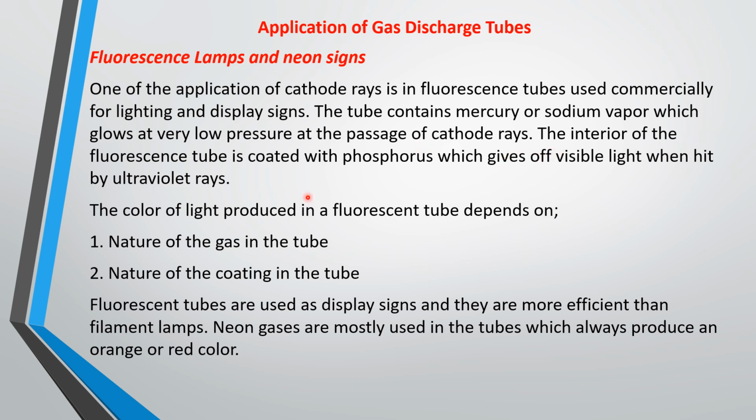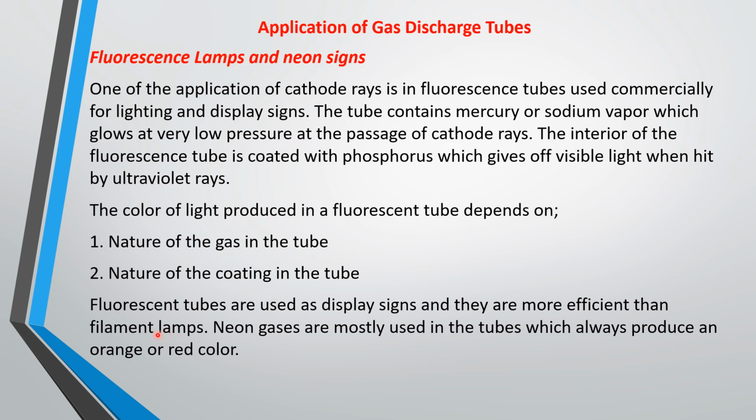The interior of the fluorescent tube is coated with phosphorus, which gives off visible light when hit by ultraviolet rays. The color produced by a fluorescent tube depends on the nature of the gas in the tube. So if you want different colors, you have to use different gases in the tube, and then the nature of the coating in the tube.